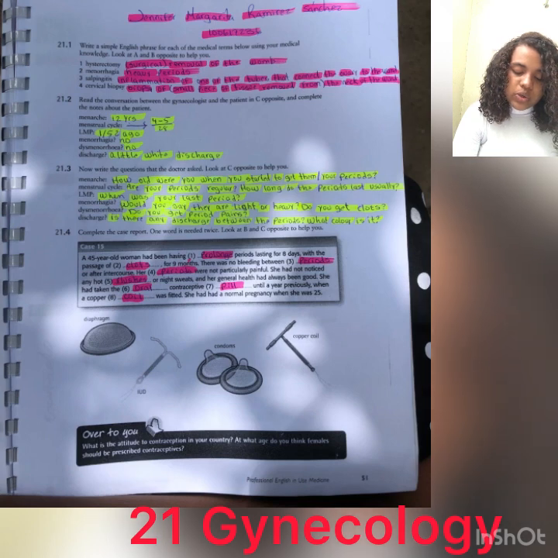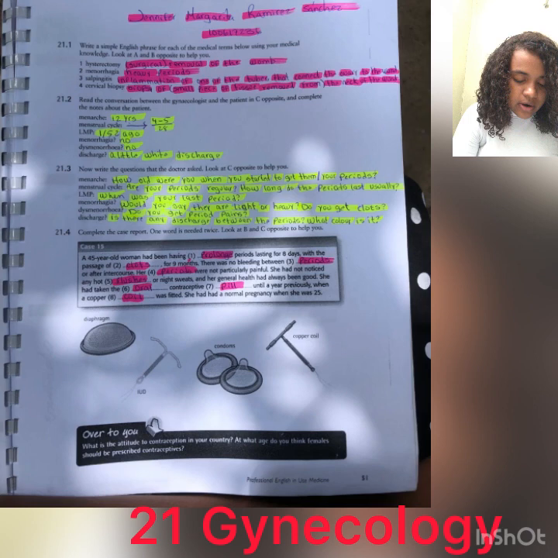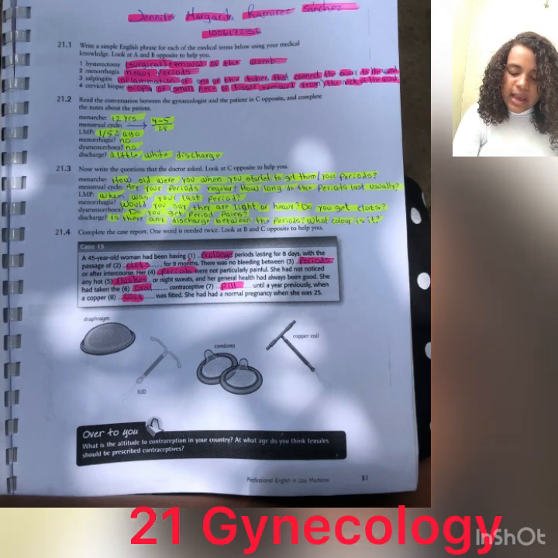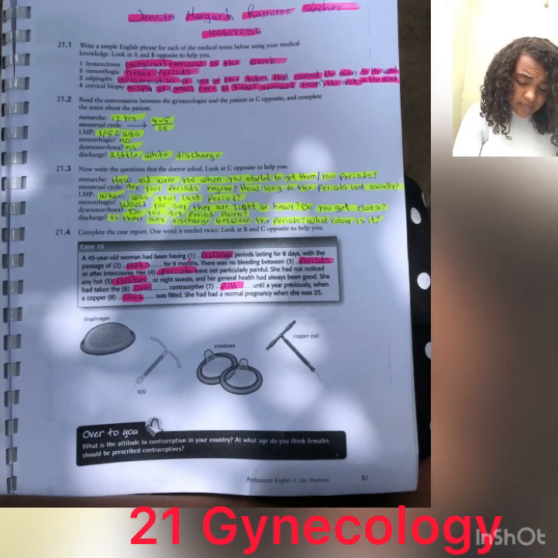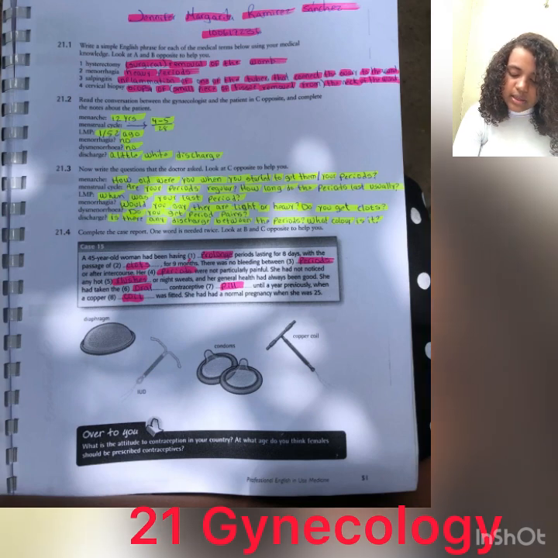When was your last period? Menorrhagia: are they heavy? Do you have clots? Dysmenorrhea: do you have period pains? Discharge: is there any discharge between the periods? What color is it?